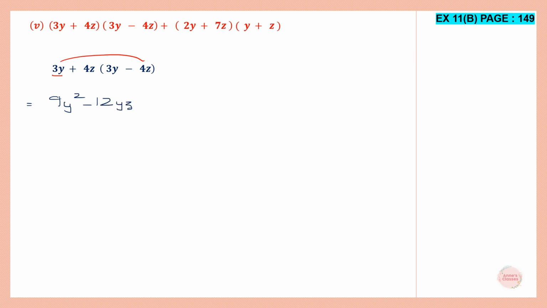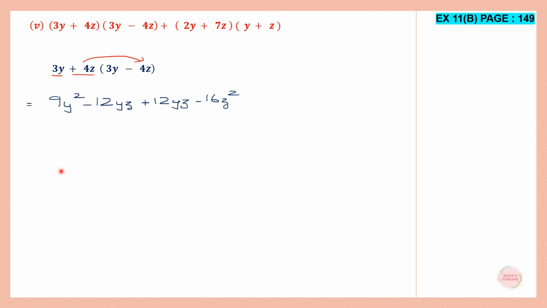Now let's go on to the next one, that is 4z into 3y. The sign is plus. 4 3s are 12. zy is zy or yz. Okay, when we multiply, that's what we get. Then we go on to 4z into minus 4z. The sign is minus. 4 4s are 16. z into z is z square.